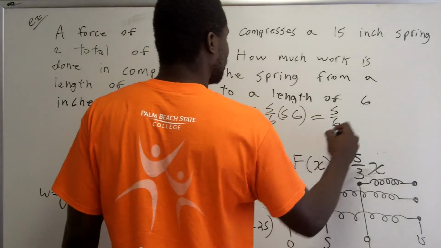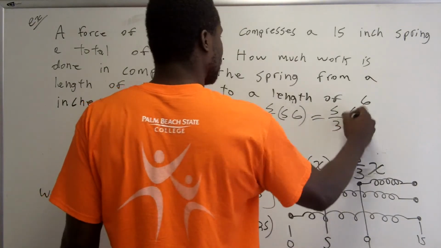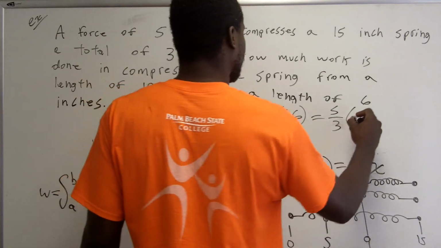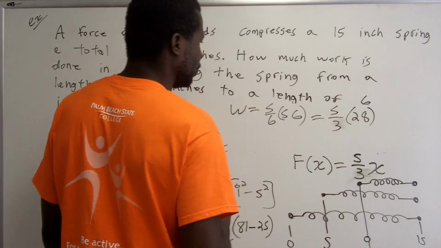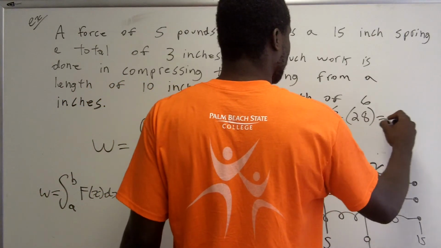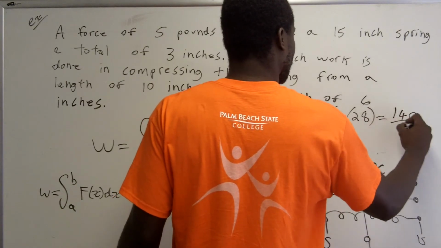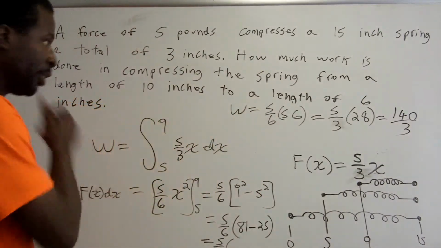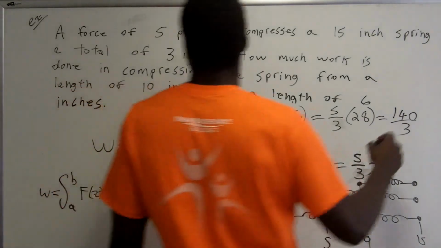So 5/3, and 2 goes into 56 28 times, and we get that this is equal to 140 thirds. So the work is 140 over 3, and that is going to be inch pounds.